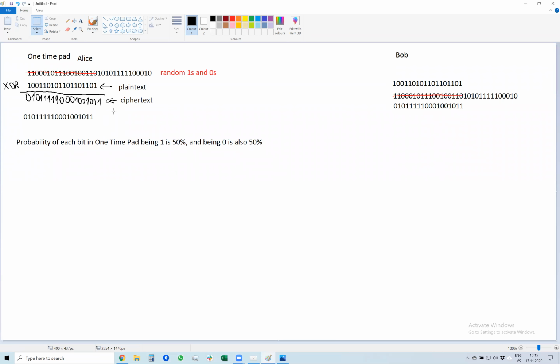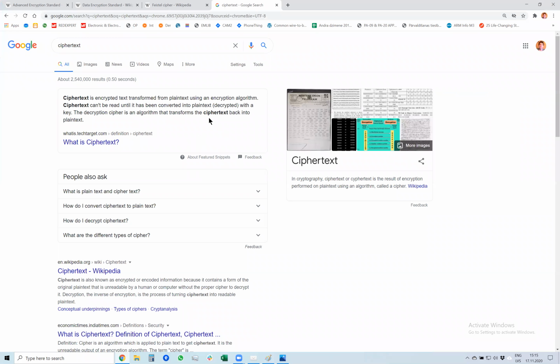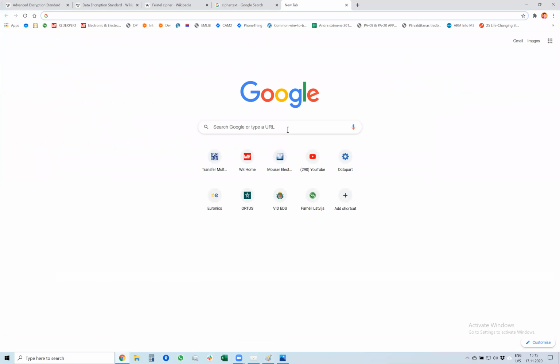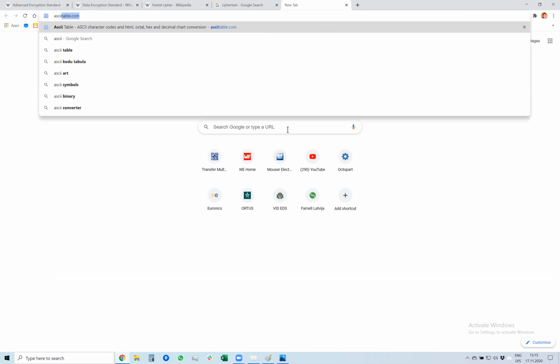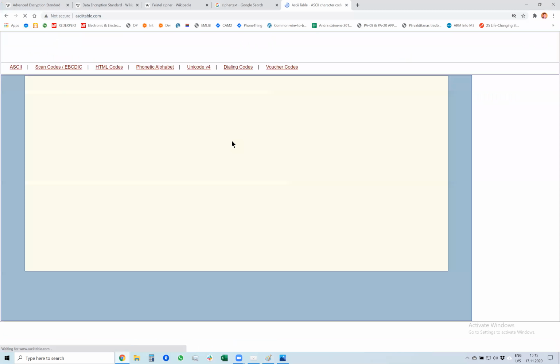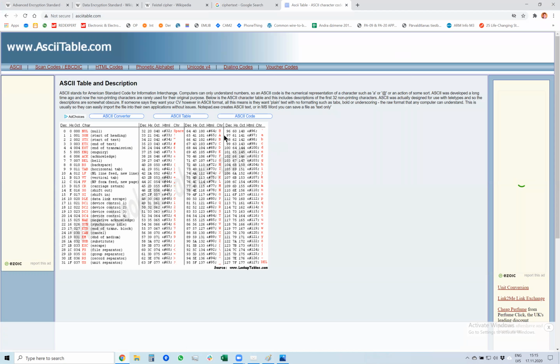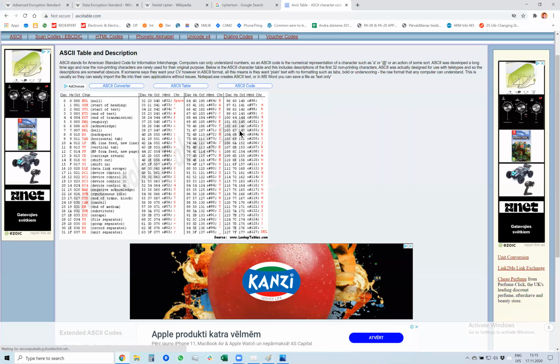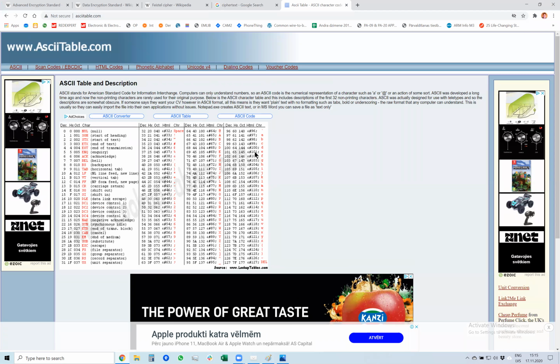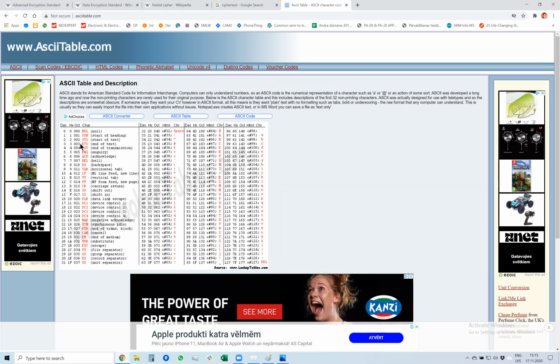Also, properties of this, for example, one-time pad, are the following. The information over the internet is sent in ASCII. So each byte contains one letter or symbol, alphanumeric symbol, we can find them on the internet, for example, in this ASCII-table.com.